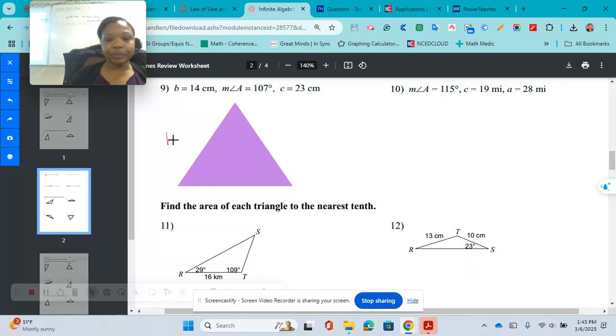I'll just say this is B, 14. All right. We had the measurement of angle A at 107 degrees. So if this is the length of B, then this has to be the angle of B. And I'll just choose this as my angle for A. And they said that the angle A is 107 degrees.